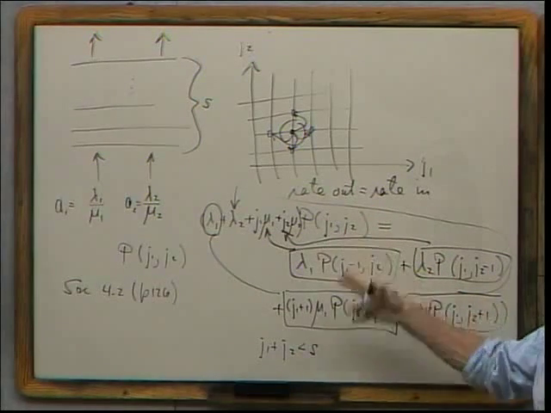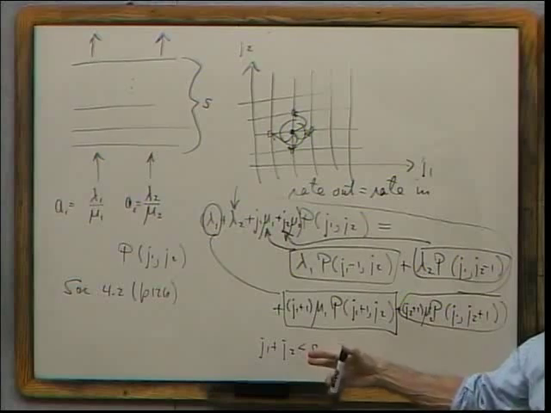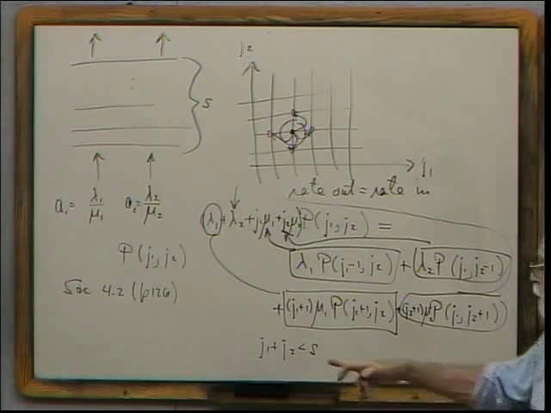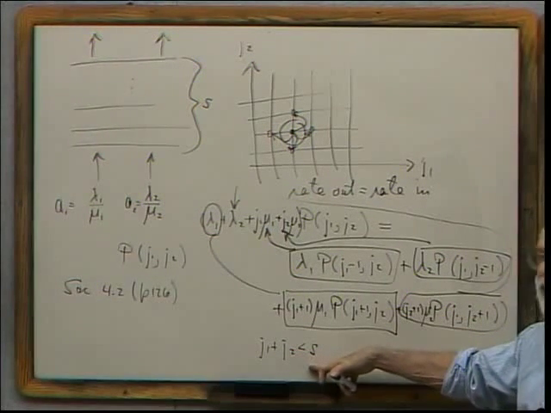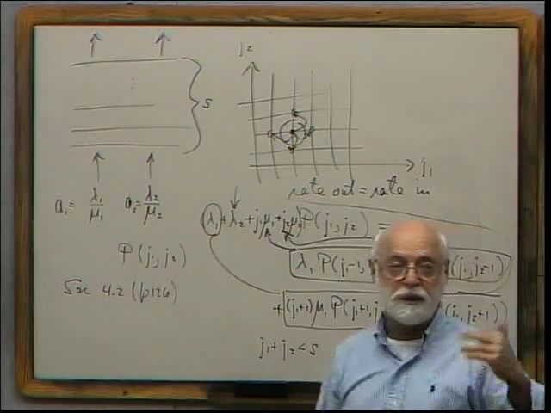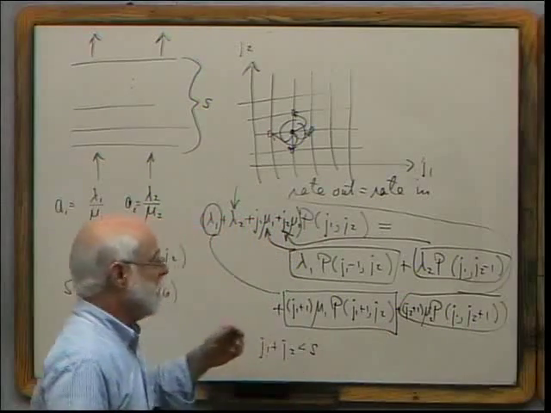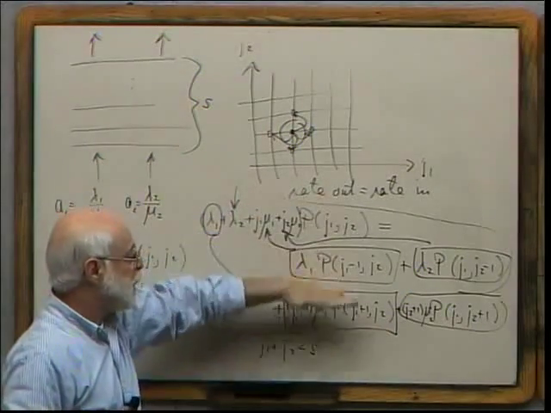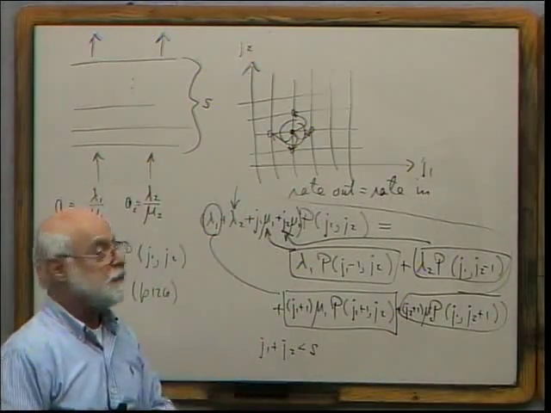But what happens if I'm on the boundary? If J1 plus J2 adds up to S, then a customer from stream 1 who arrives will be cleared and will not cause a change of state. And a customer from stream 2 who arrives will be cleared, and will not cause a change of state. So in fact, I'm going to have different equations on the boundary. In other words, I could draw a picture like this, and there's going to be a boundary here.